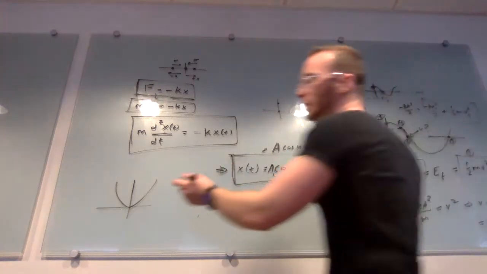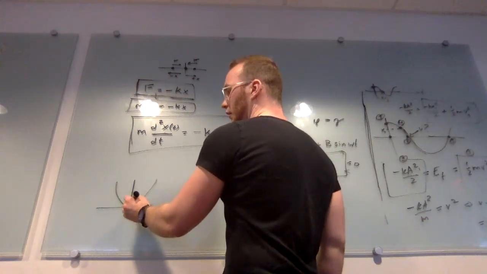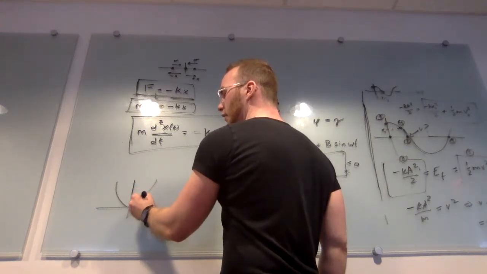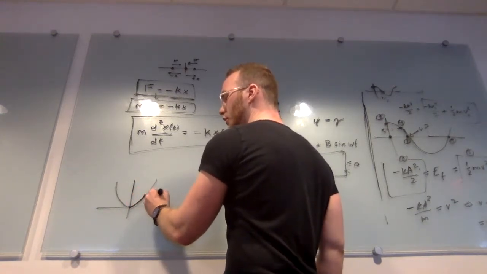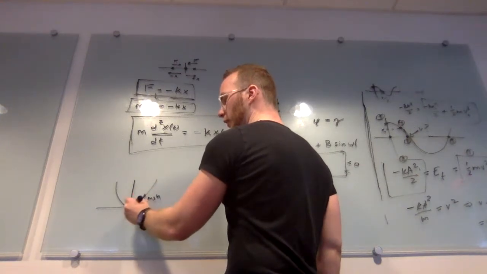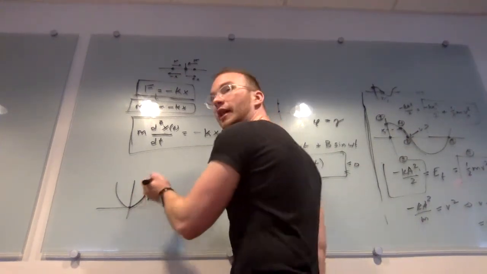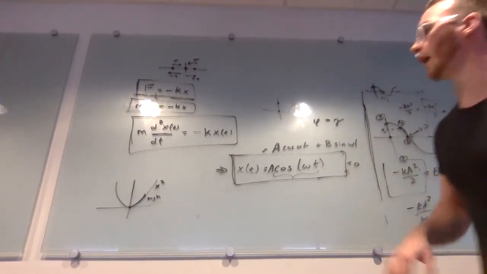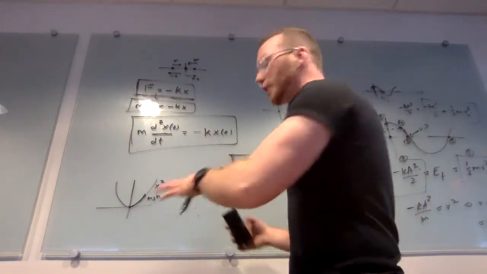You could see because the energy would be like mgh, and the height would be related to x squared, and you'd have something like this. Anyway, I'm not going to go over the whole thing because that would be a silly example.